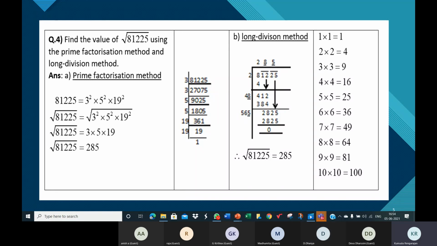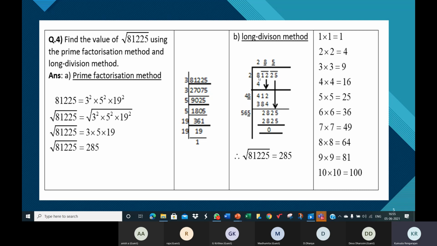329, ma'am. 329. Okay, we are getting close to 412, but you cannot be sure, right? Only if you find a number ahead of 412 can you be sure. You should find 412 or a number ahead of 412. So you cannot say that 329 is fine. Now try 48 into 8.